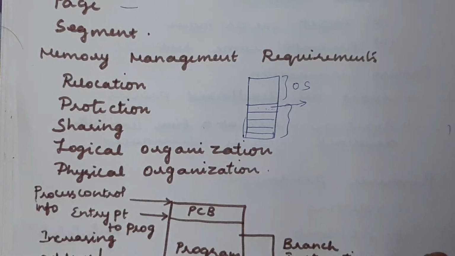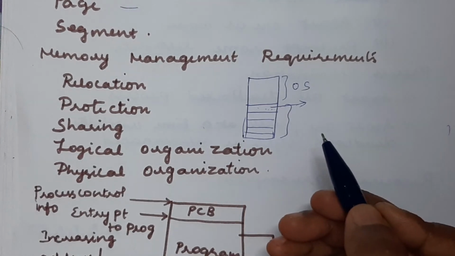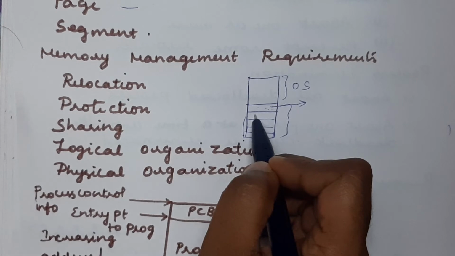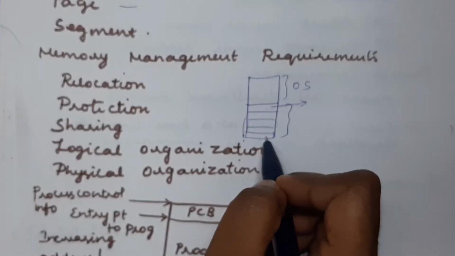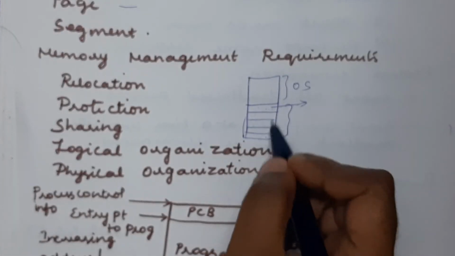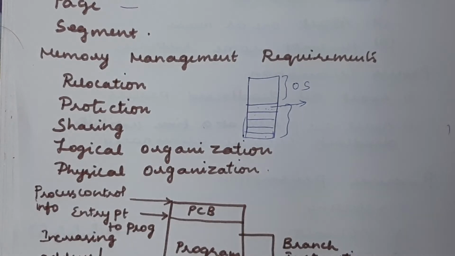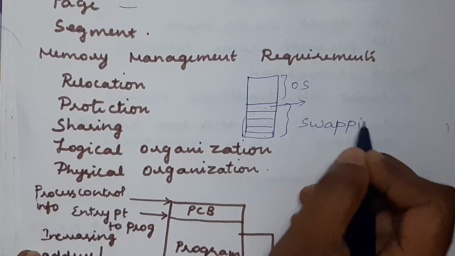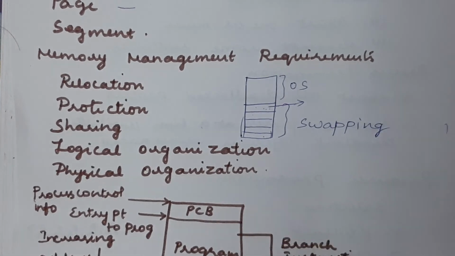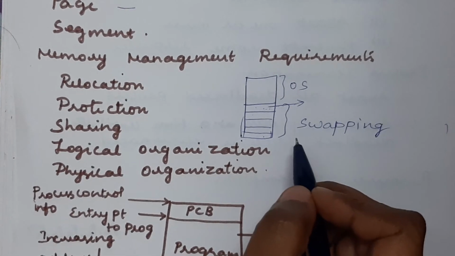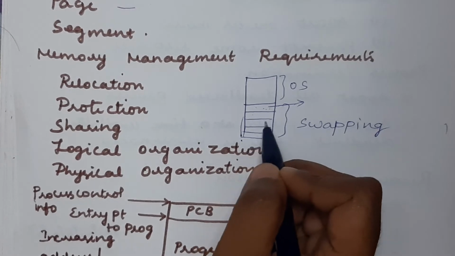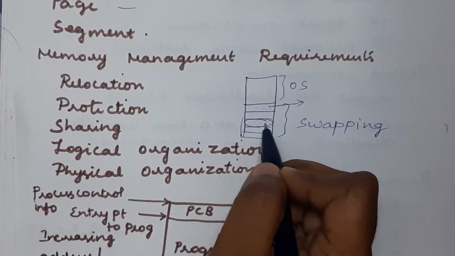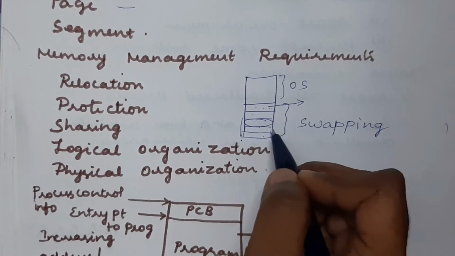He will get that part of the program from secondary memory and place it in the main memory. For that, if you don't have free space in the main memory, what do we have to do? We have to perform swapping. If you don't have space in the main memory, you have to perform swapping, which means the old process which has not been in use for a long time, we can swap it.